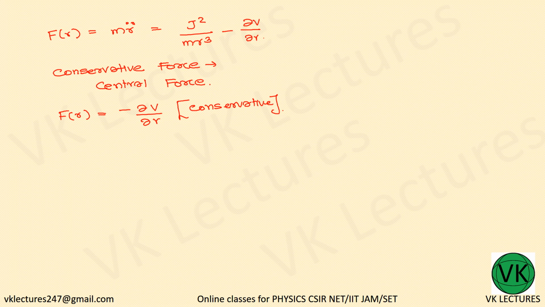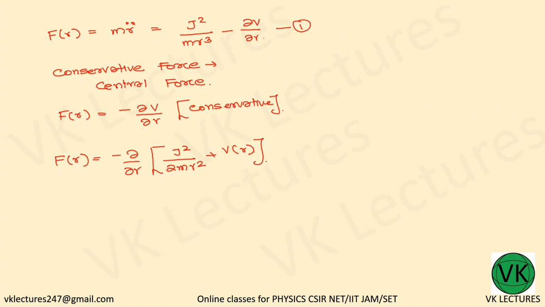Thus you can write the above equation in the form F of r is equal to minus dou by dou r of (J squared by 2 m r squared plus V of r). If you differentiate this, we are going to get J squared by m r cubed minus dou V by dou r.